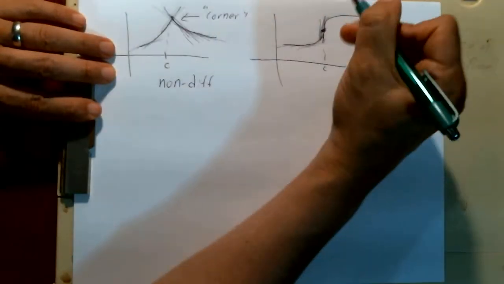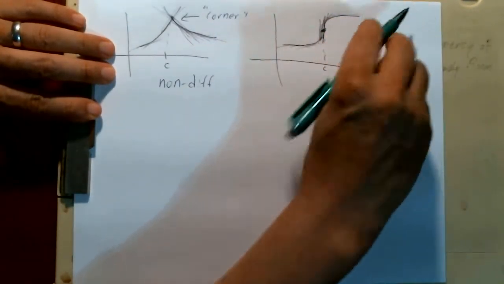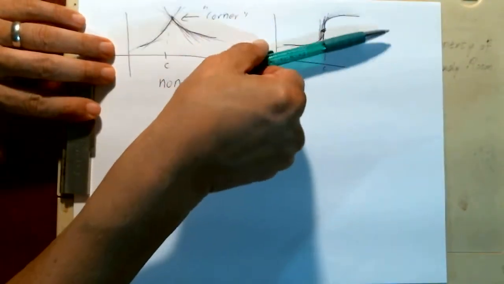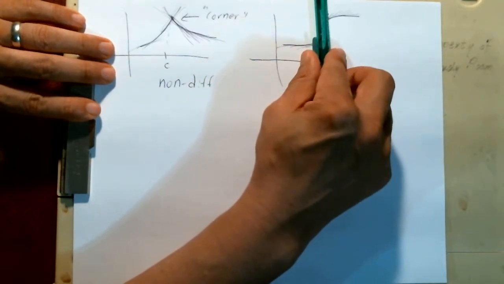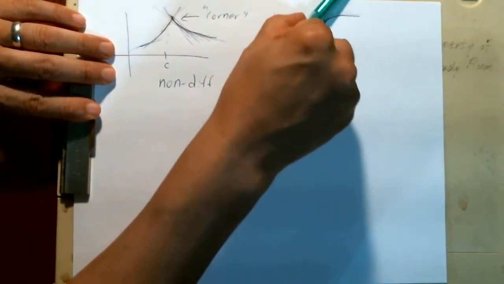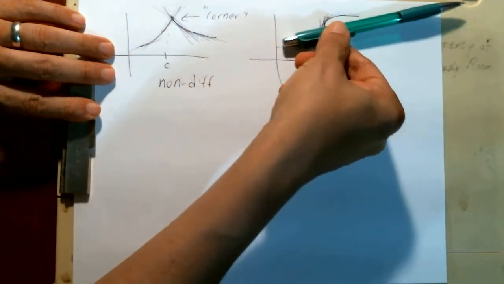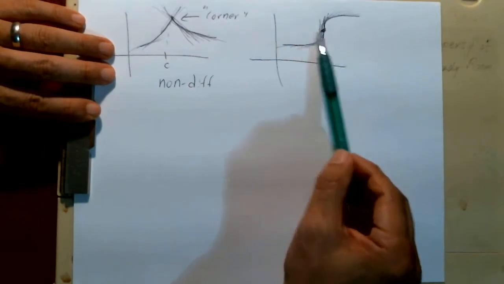And then you go to the right, and here's your tangential slope. So it starts off at a slope right here, and it goes to a vertical slope, which is undefined. Vertical lines are undefined, and then you start going to the right. So it's non-differentiability at a vertical line.